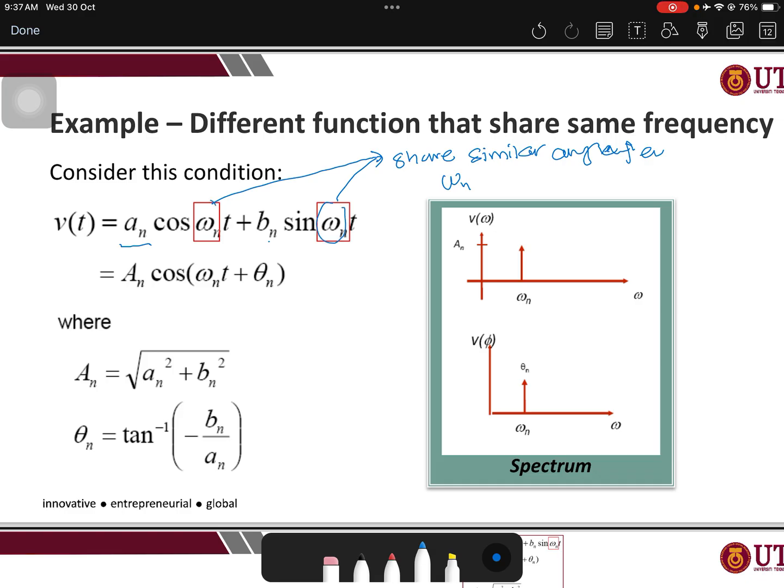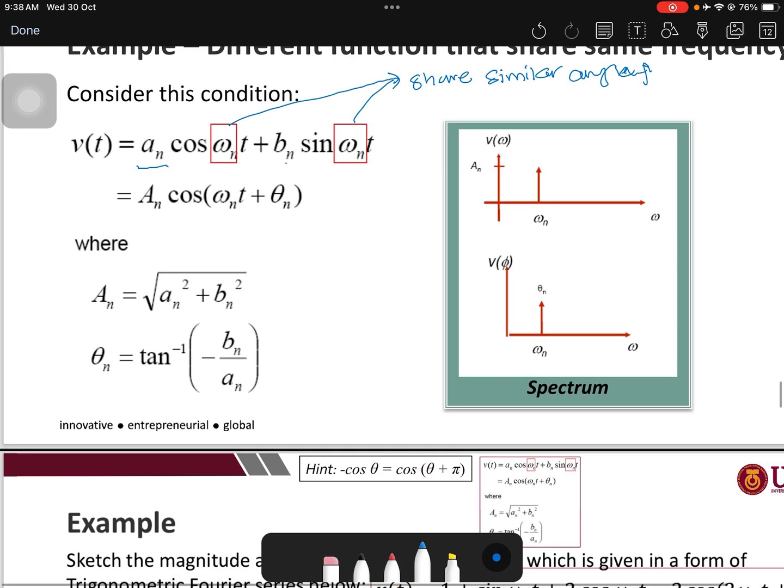For this situation, you can combine the signal into An cos omega nt plus theta n. The formula is not given to you, you have to remember it yourself. If the cos and the sine share the same angular frequency, you can convert to An cos omega nt plus the phase theta n.